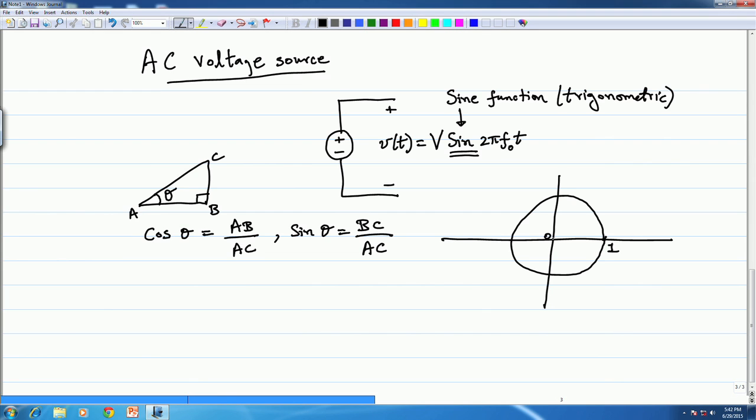And how do I think of sin theta and cosine theta? If you take any point on the unit circle, let us say which is at an angle theta, what is cosine theta? It turns out if you drop a line like this, that point's x coordinate is exactly equal to cosine theta, and if you drop a line on the y axis, that point's y coordinate is exactly equal to sin theta.